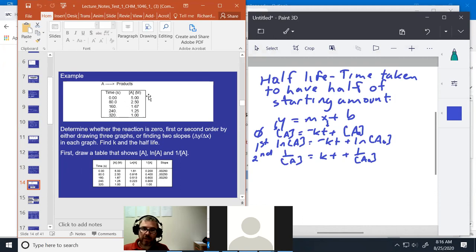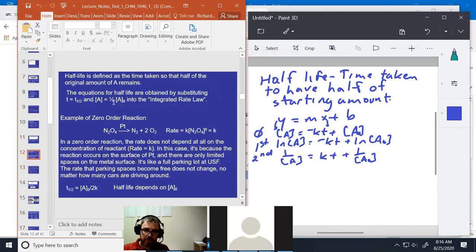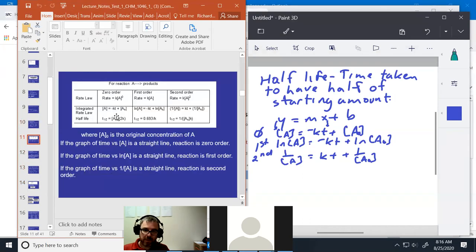We can look at a graph of time versus [A] to see if it's zero order, time versus ln[A] to see if it's first order, or time versus 1 over [A] to see if it is second order. Whichever one of those turns out to be a straight line, that's what order it happens to be, because each of these integrated rate laws takes the form of a straight line.